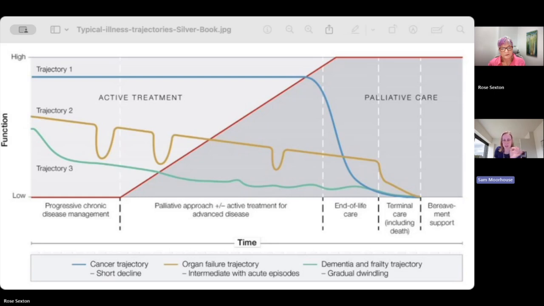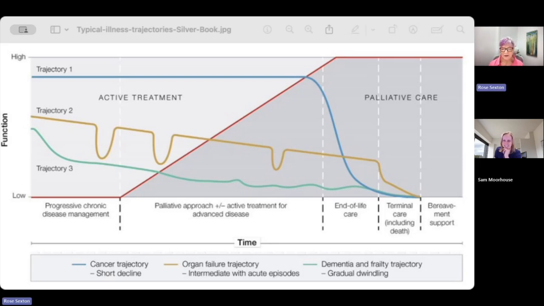The orangey yellow line is for chronic illnesses and can show a bit of a slow deterioration. We'll have a bit of further chat about that in a mo. And the green line is a prolonged deterioration that can often happen quite slowly, with frailty and dementia being two common causes. So pick one.